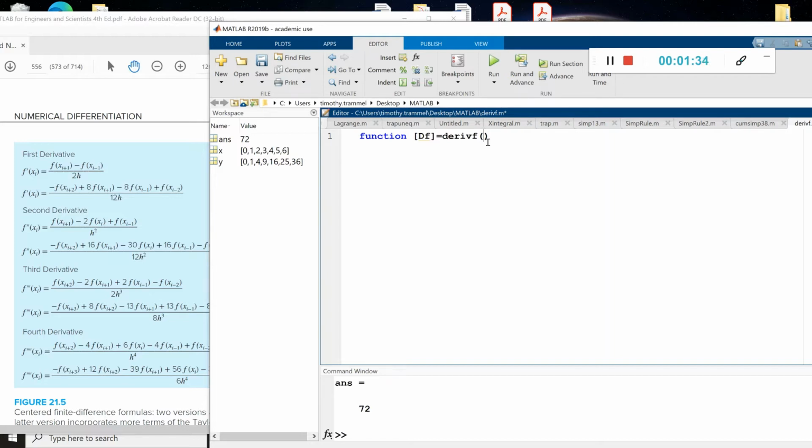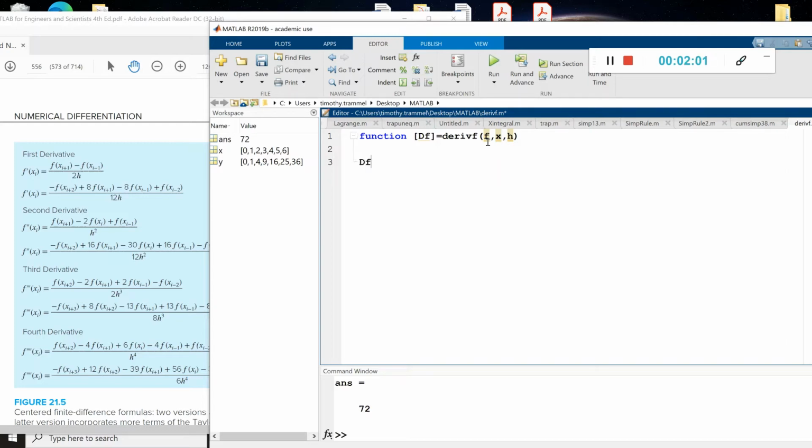And our inputs here are going to be a function f, the location that we want to find the derivative at, and then how small we want h to be. Now, we're going to make some further edits momentarily, but I just want to at least get us started here. So let's get the formula for the derivative in there.